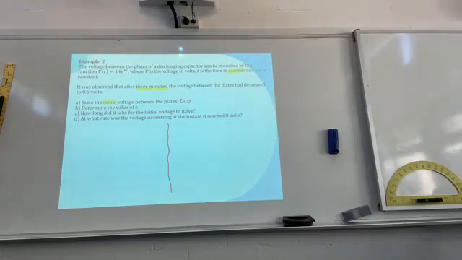Now, from example 2, I'm going to lead you to another concept. The initial voltage when t equals 0 is 14. Don't worry about k at that stage; you just need to be able to find V(0).